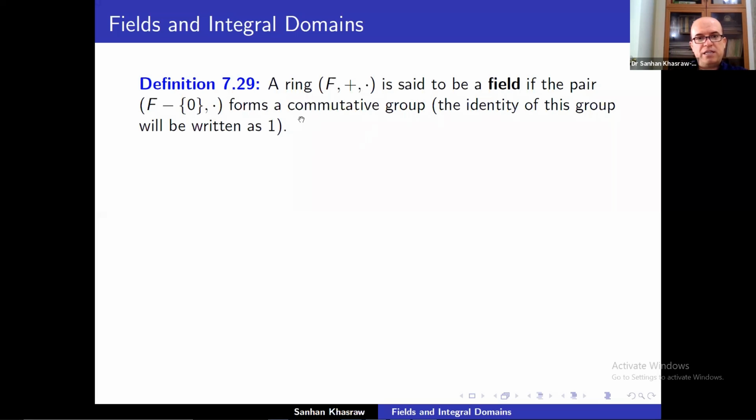So we do have identity and inverses with the second operation, then we will have a group. So F minus 0 with the second operation forms a group. In a ring, we only have a semigroup with the second operation. Now in a field, with the second operation, we have a commutative group. So there is a relation between ring and field: every field is a ring, but the converse is not true.